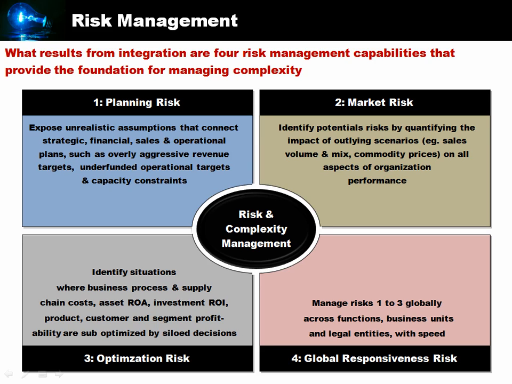So what do you get from integrating these management process components that you didn't have before? Well, it's the ability to manage risk and complexity, and more specifically, 4 types of risk as shown on the screen. Now, some might say that they already have these capabilities, but typically these are managed in isolation and not at an enterprise level. As a result, the information is often wrong or not available when needed.